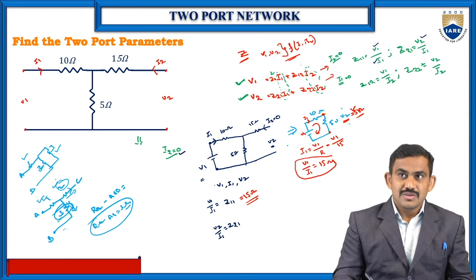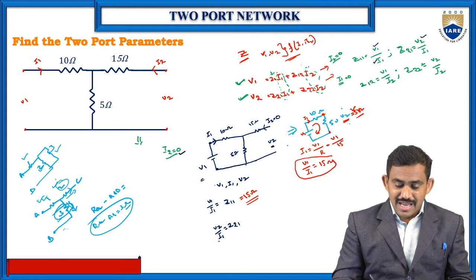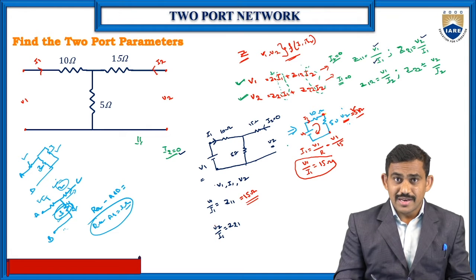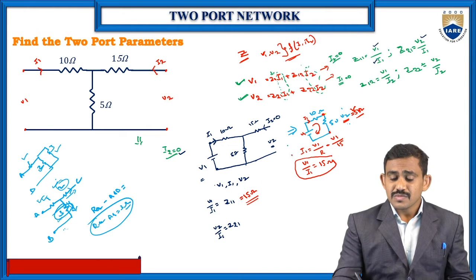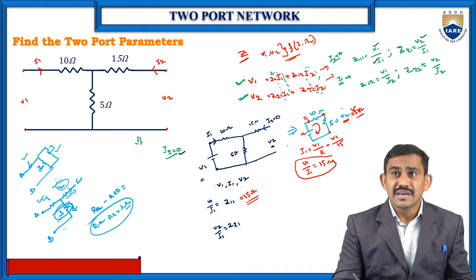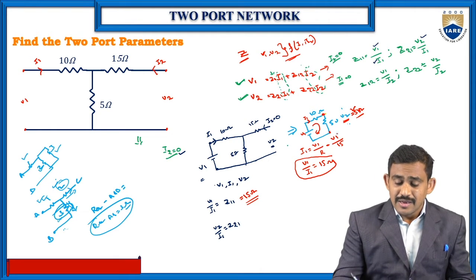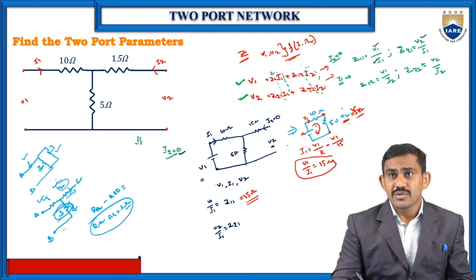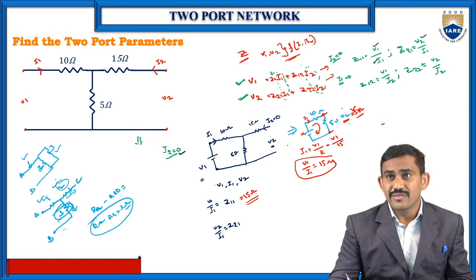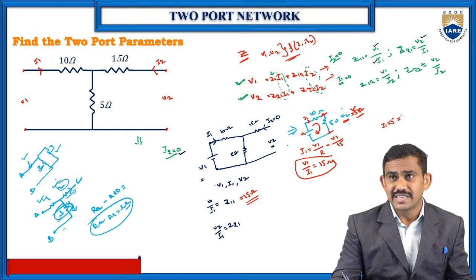Okay. Now one more thing: I know the I1 value, but I don't know the V2 value. So what is the V2 value? V2 is nothing but the voltage across the 5 ohms. Across the 5 ohms, which current do we have? The I1 current, so I1 into 5. Current into resistance is your voltage, that is V2.